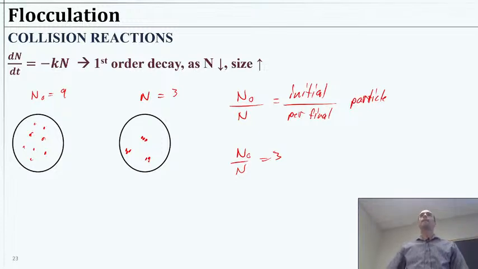You said 3 means it's 3 times what? So if our value for N naught over N is equal to 3, you see how that worked, right? Then that means that there are 3 initial particles in each of the final aggregates.